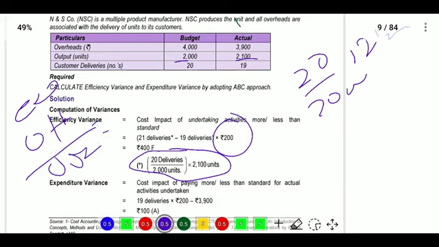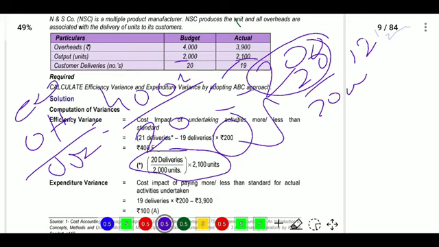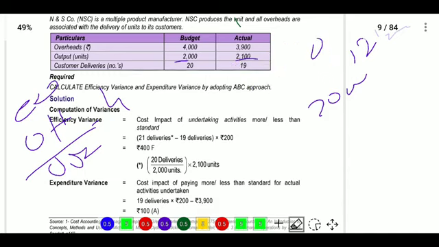That is 4,000 divided by 20 deliveries is equal to 200. Here we get the 200. That is the cost impact of undertaking activities more or less than standards.